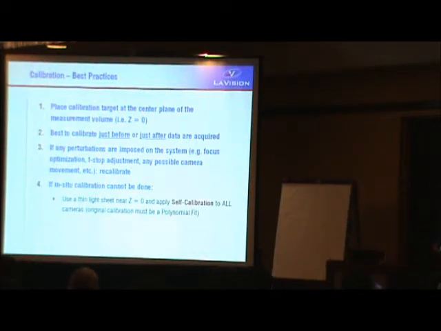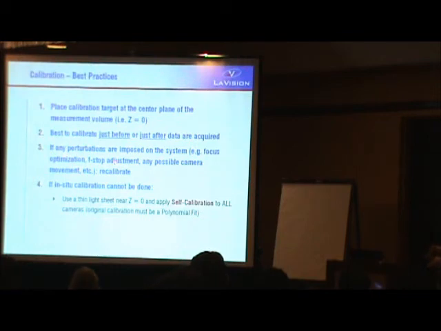Also, to minimize perturbations that can occur to the system, settling of the lenses, settling of the cameras, your structure, is to calibrate right before or right after you acquire your data. This minimizes the chance that something's going to move during that time.